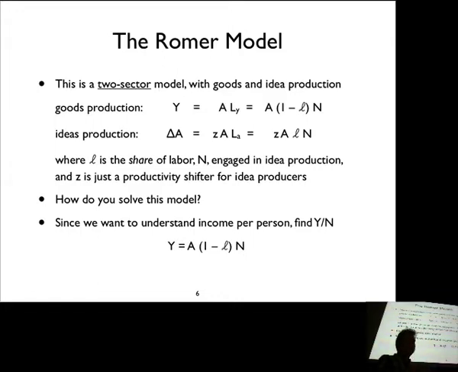So what we've got then is uppercase Y is equal to A times 1 minus L bar times N. Dividing both sides by uppercase N means that it falls off of the right-hand side. And what we've got left is uppercase A times 1 minus L bar. So eventually what we're going to do is plug in a formula for this.